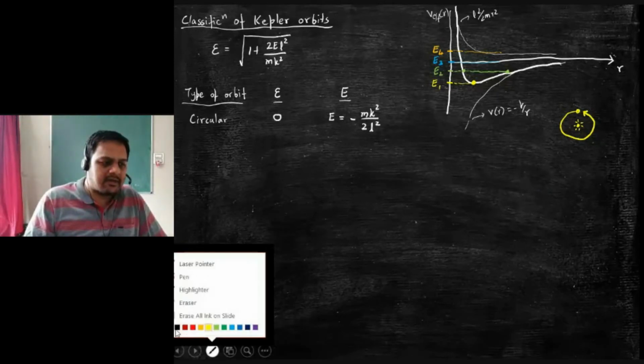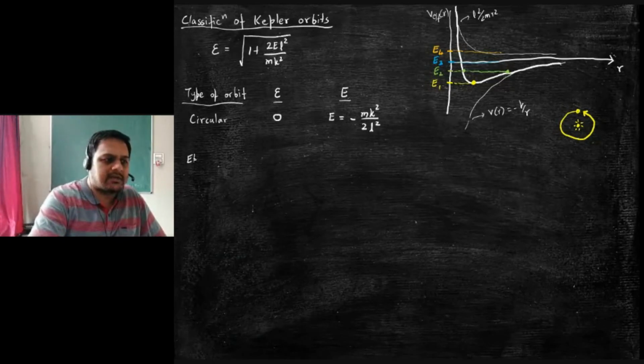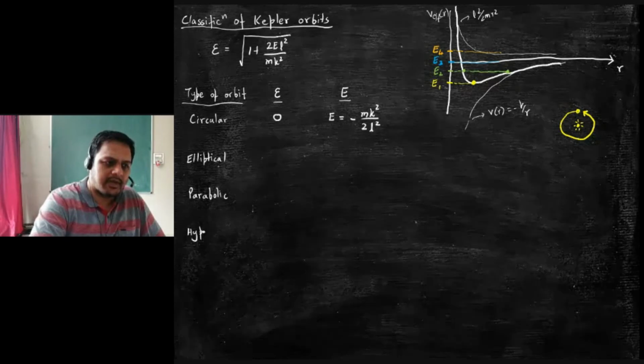What is the next one? For an elliptical orbit, what is the condition? For a parabolic orbit, what is the condition? Talk about eccentricity only. And for a hyperbolic orbit, what is the condition?